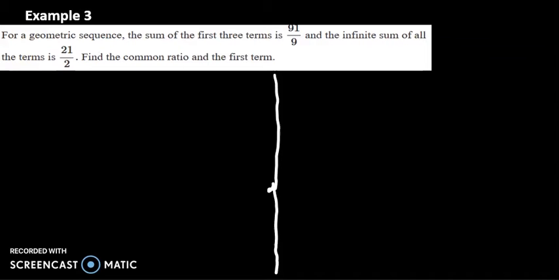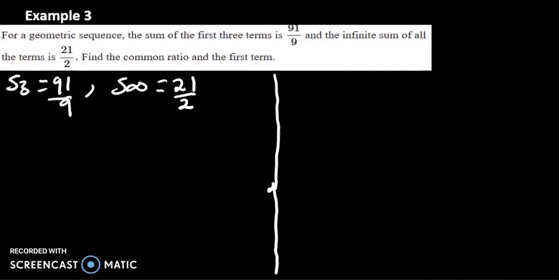We know S3, the sum of the first 3 terms, is 91/9, and the infinite sum is given to us as 21/2.